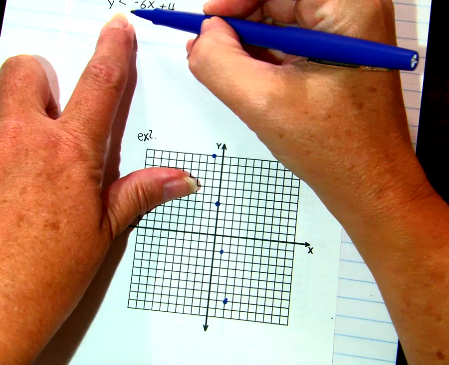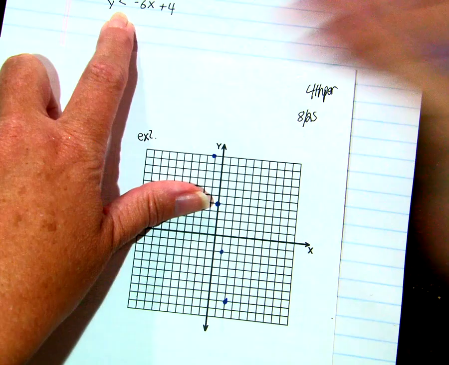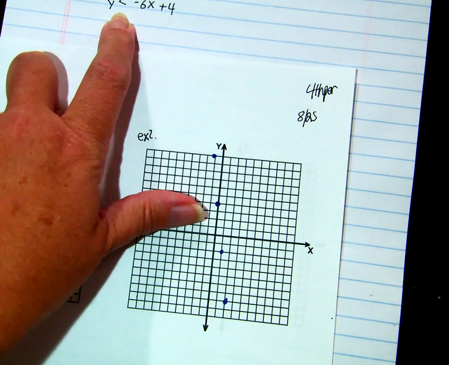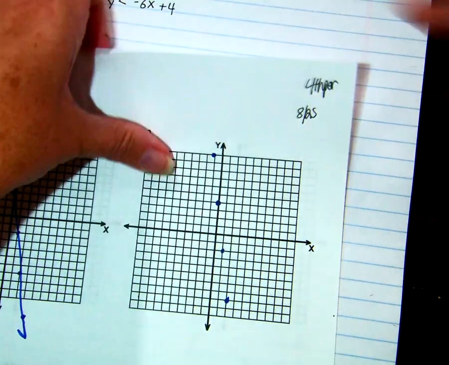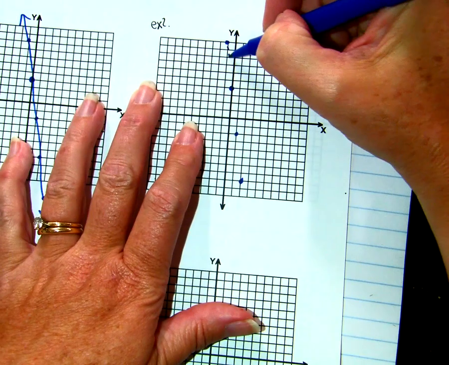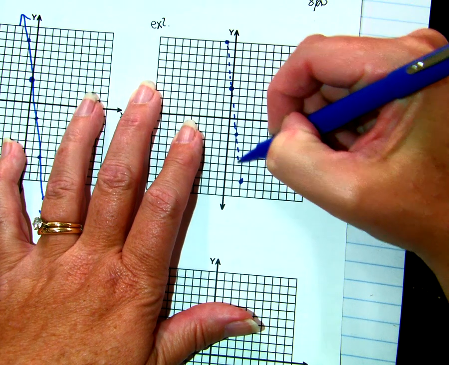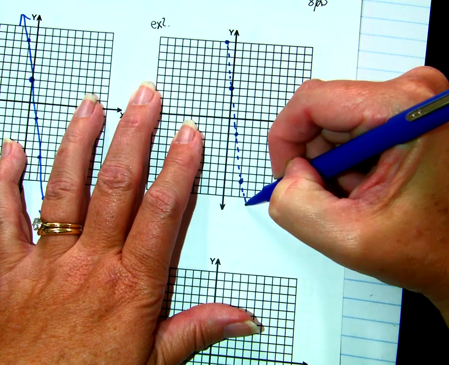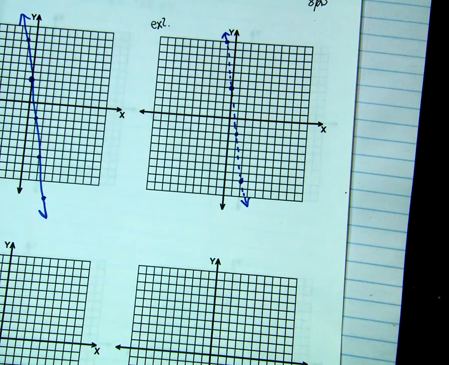Could it have a line under it and say equals and we would draw a line? Yes, but it doesn't. So instead we do what? We do a dashed line because this does not equal it. It just starts there. That is what's known as our boundary. So we make this a dashed line, not a solid line, to show this is where the solutions begin, but that line itself is not a part of the solutions. Yes, Terralyn?